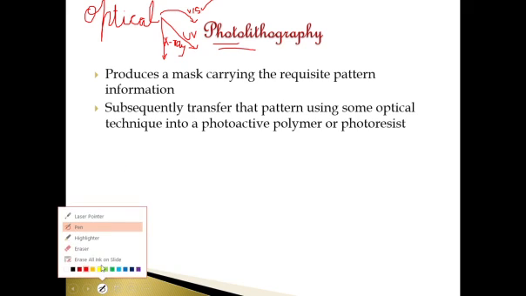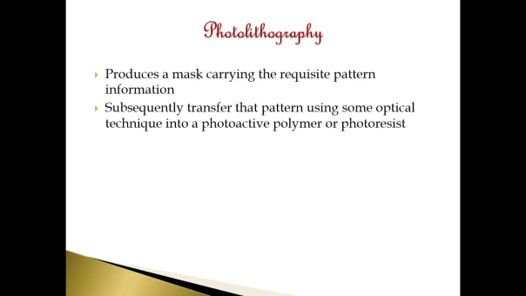So first, what you do is we produce a mask carrying the requisite pattern information, so that the size will be according to the nano size features, and subsequently we transfer the pattern using some optical technique onto a photoactive polymer, which is also called photoresist. Photoactive polymer is also called photoresist.